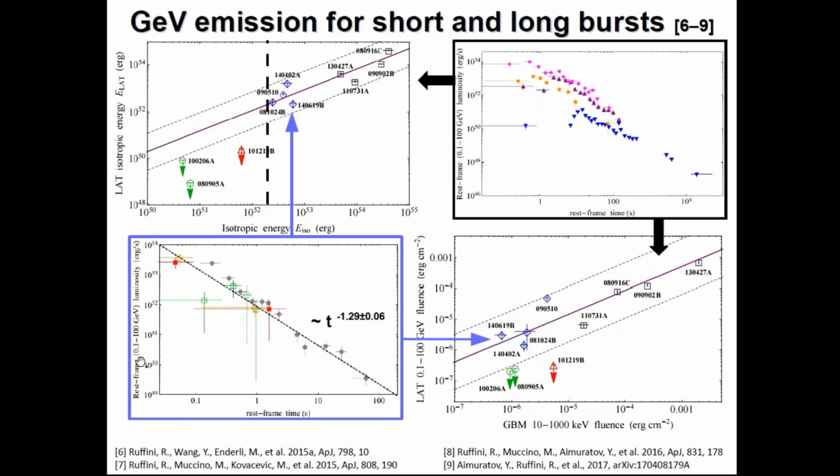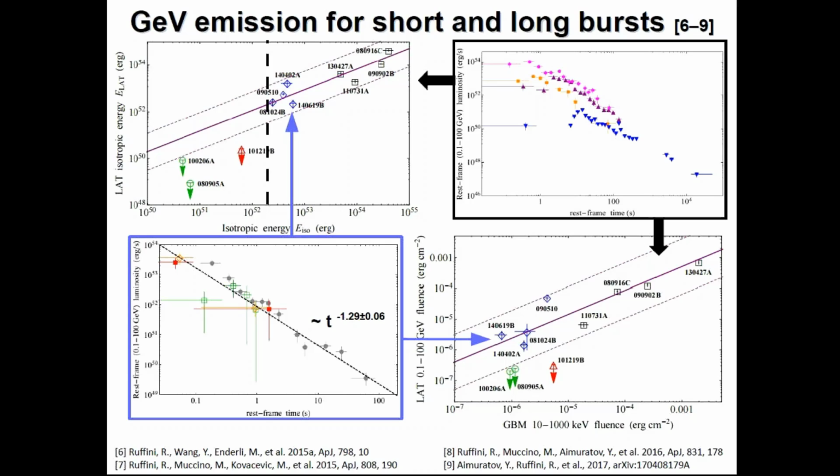This is the luminosity as a function of time. They evolve in the same law. Exactly the same. And that's the light over the period of the gamma ray burst.